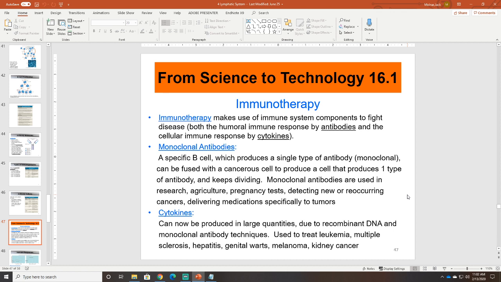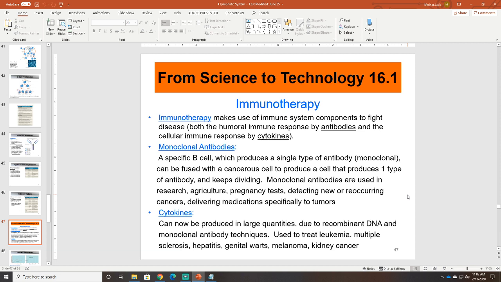Humira is the big one right now. That's adalimumab, and what they do is they attack inflammatory molecules. And so for people who have chronic inflammatory conditions like psoriasis, you can actually give them a monoclonal antibody against one of the inflammatory molecules. And if you do that, then you knock out inflammation. So that's one of the new drug types we're using.